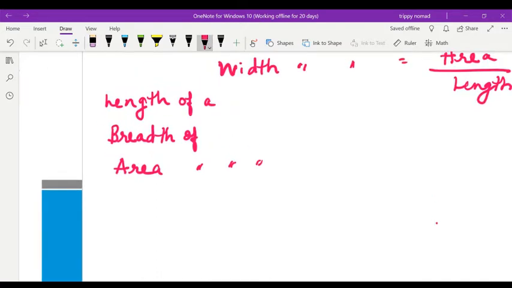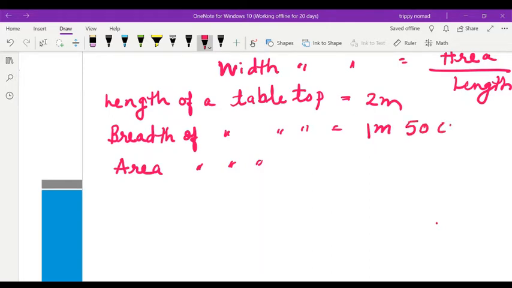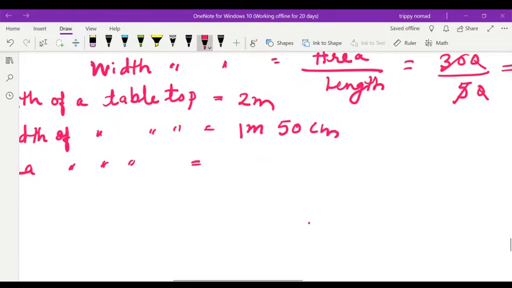Length of a tabletop, that was 2 meter. Breadth of a tabletop, 1 meter 50 centimeter. Now you convert either into meter or into centimeter.